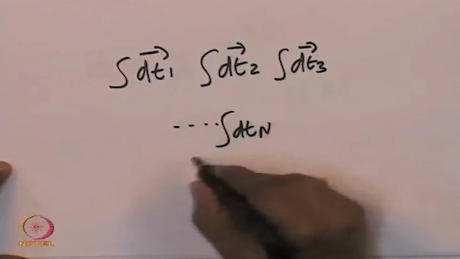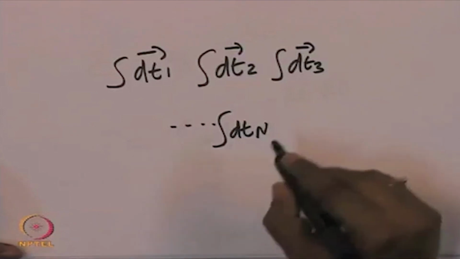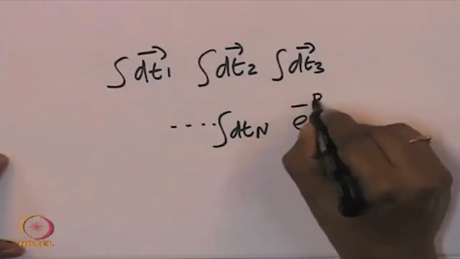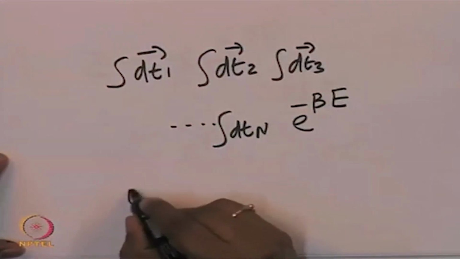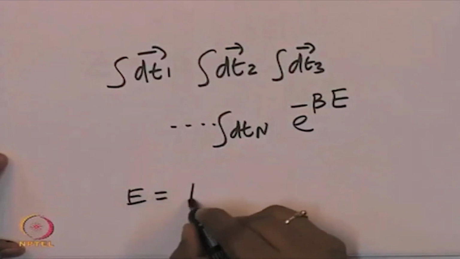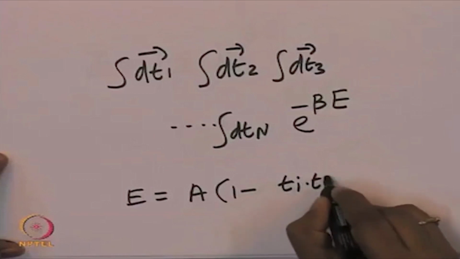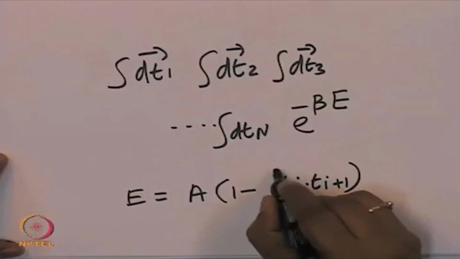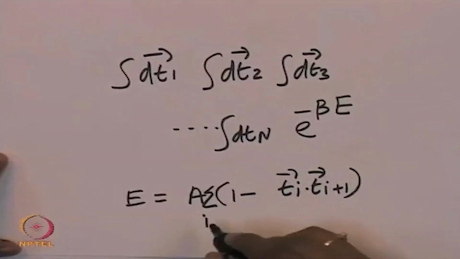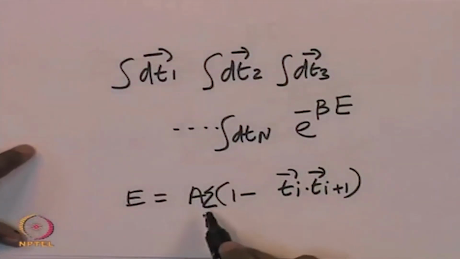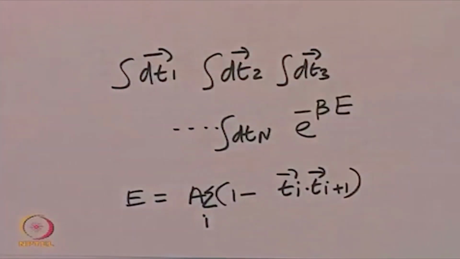Each of these tangent vectors can take all possible conformations, and e power minus beta times the total energy, and the total energy we know is A times sum over i of 1 minus T_i dot T_{i+1}, and this will give you this answer.